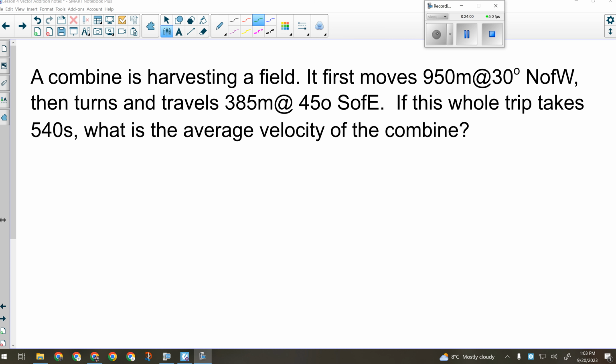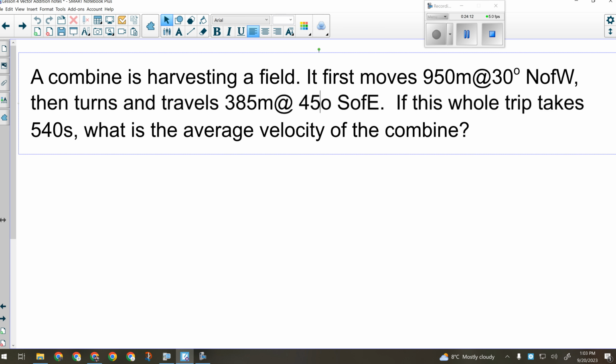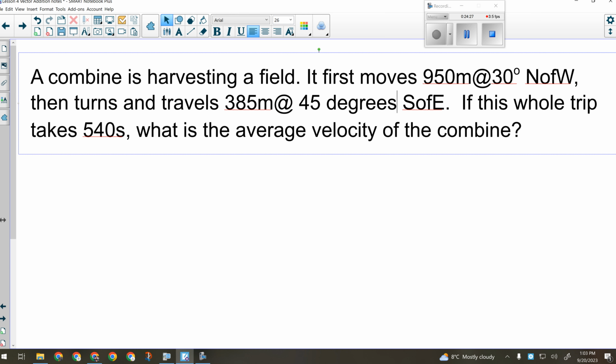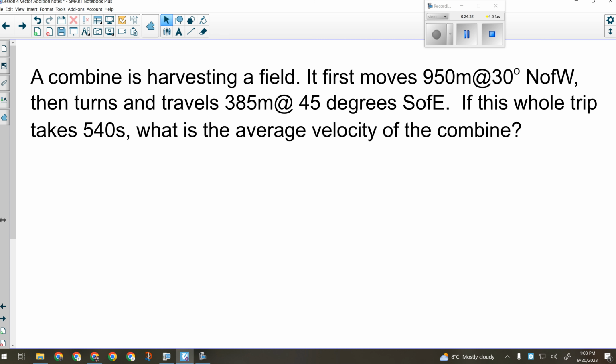Then it turns and travels 385 meters at 45 degrees south of east, and the whole trip takes 540 seconds. What's the average velocity of the combine?